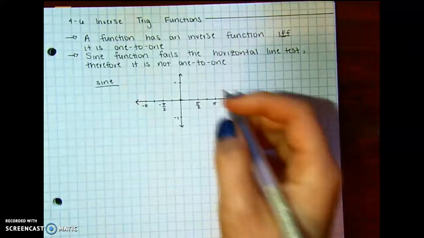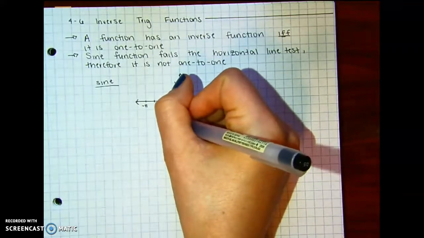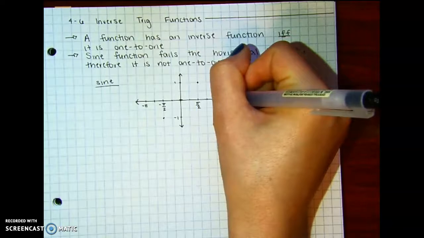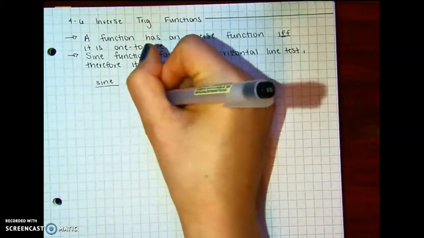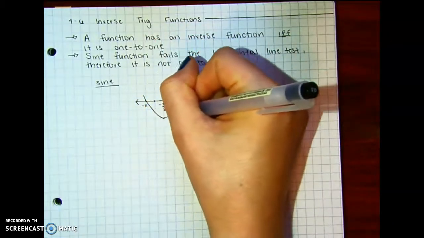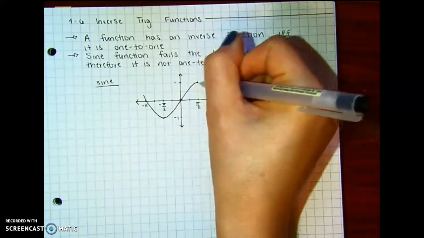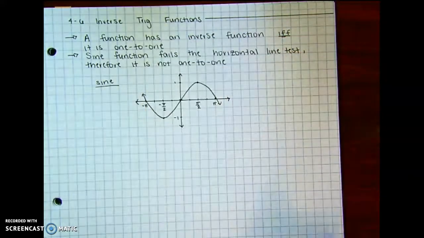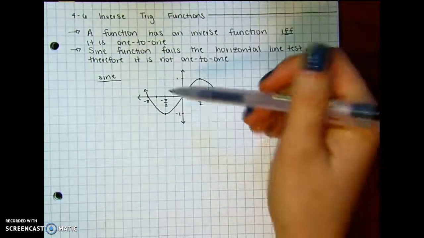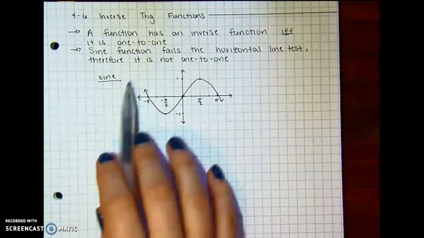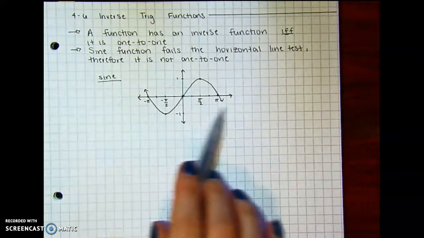Okay, so pi over 2, negative pi over 2, 0, pi over 2. Alright, so this is my sine function. Hopefully you remember from our last chapter. It is a function, right? But its inverse won't be a function.